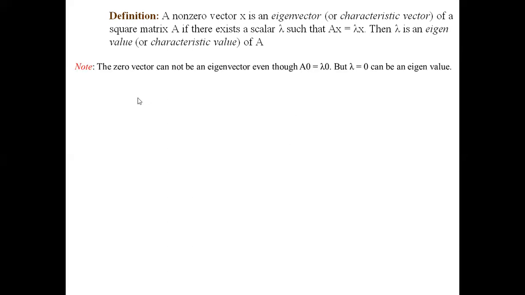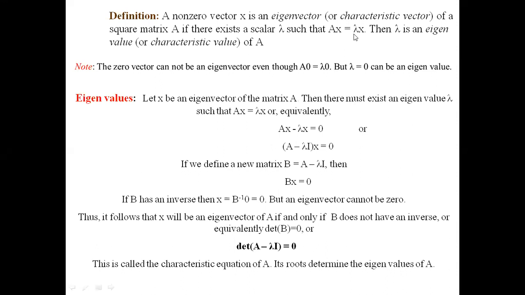A zero vector cannot be an eigenvector because the definition itself says a non-zero vector. But lambda equal to zero can be an eigenvalue because there is no restriction. See the definition, is there any restriction on lambda? No, it is just a scalar number.